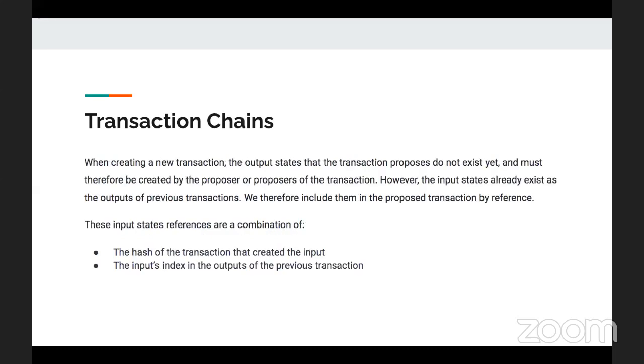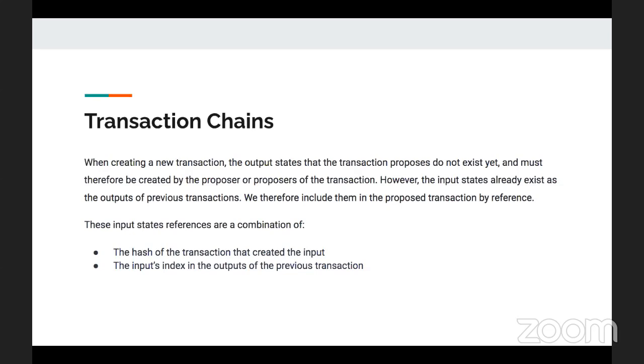When you think about transaction dynamics, transaction chains are very important. When you create a new transaction, we mentioned input and output states. The output state doesn't exist yet, and if it has to exist, the transaction proposer has to propose it. And the input states will always already be there. So we will include all the input states as a reference in a transaction.